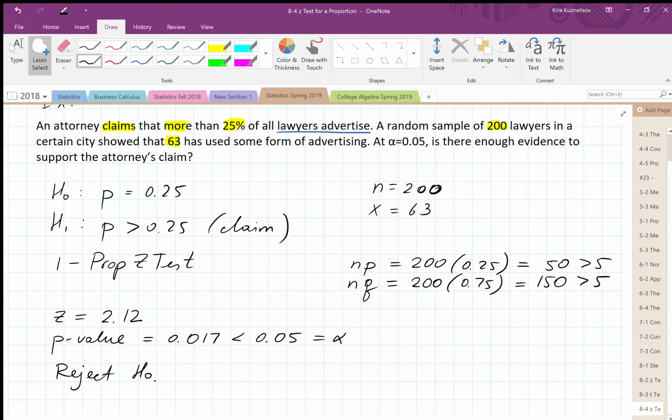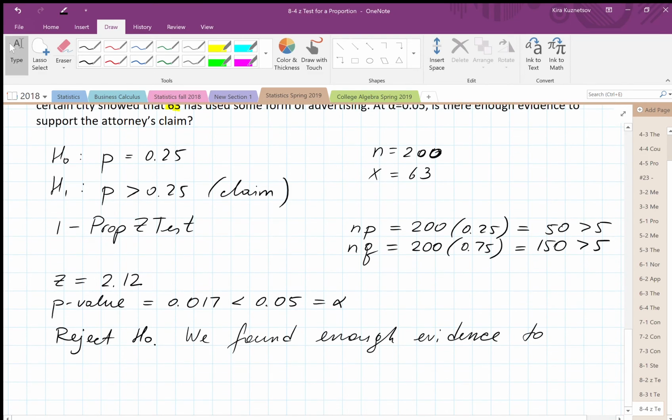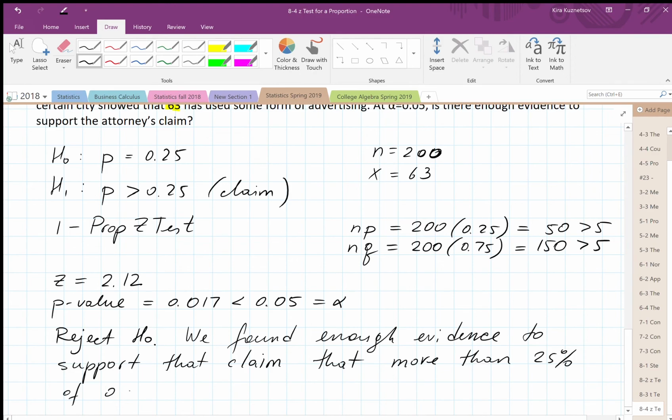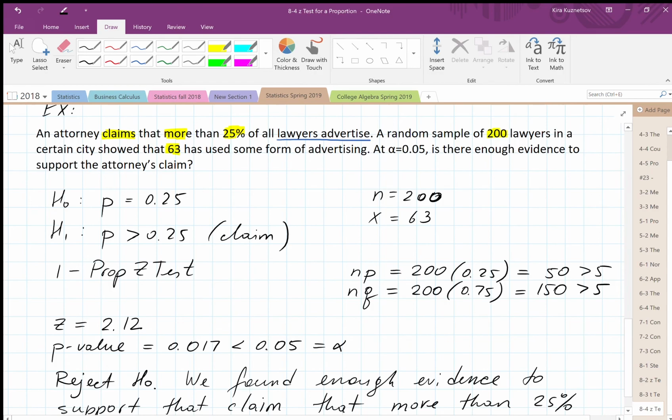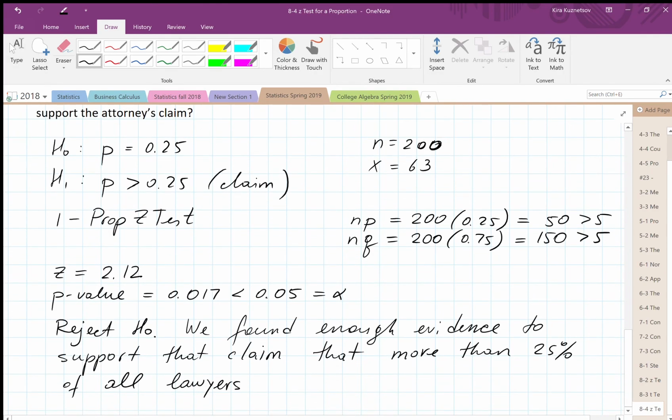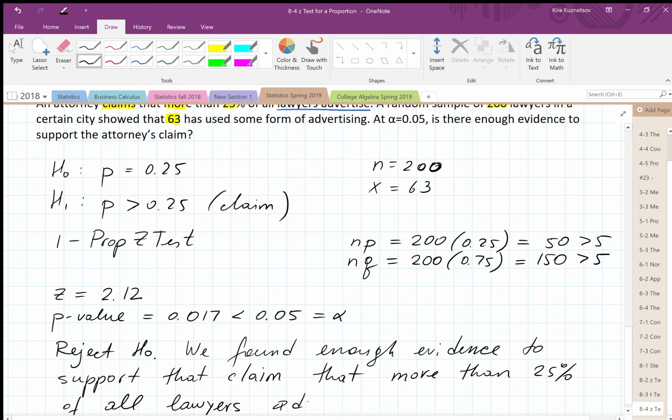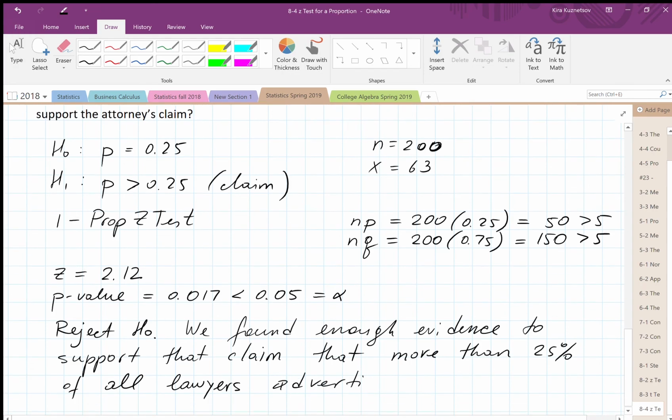So we found enough evidence to support the claim that more than 25% of all lawyers advertise.